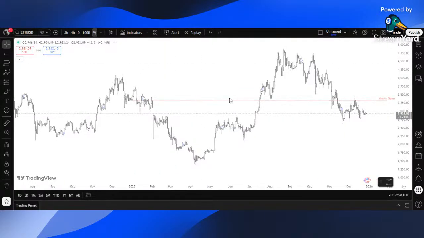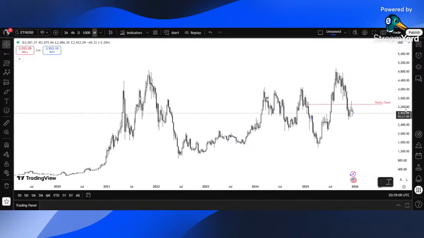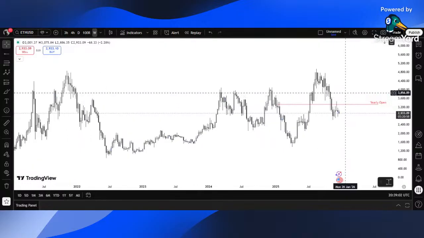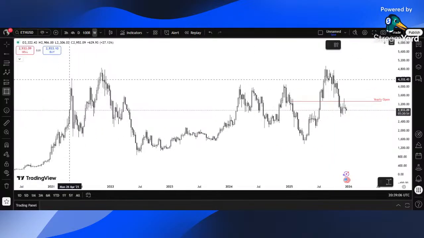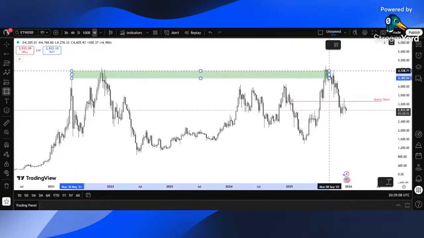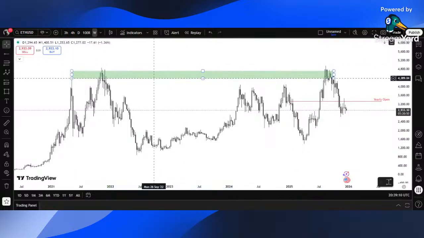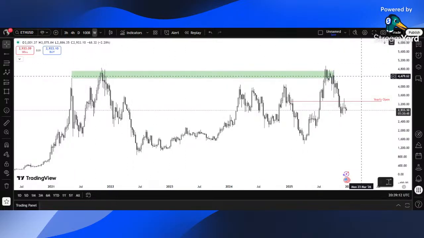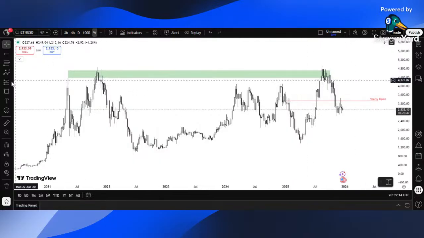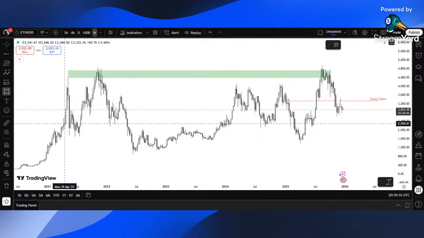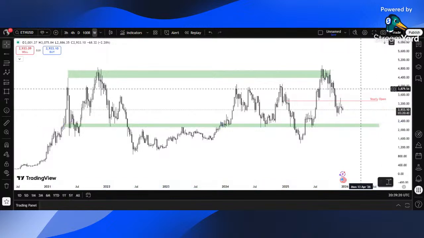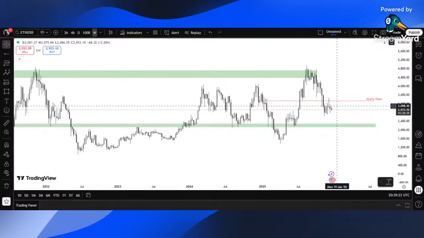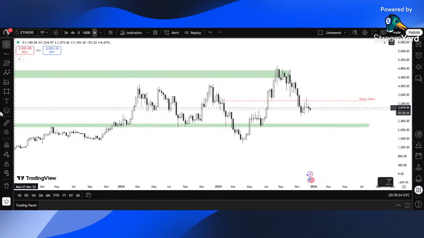So basically, let's get to the weekly time frame on this Ethereum. Ethereum has a very clear structure here. A simple resistance and a simple support here, and you can exactly see this on the weekly time frame.